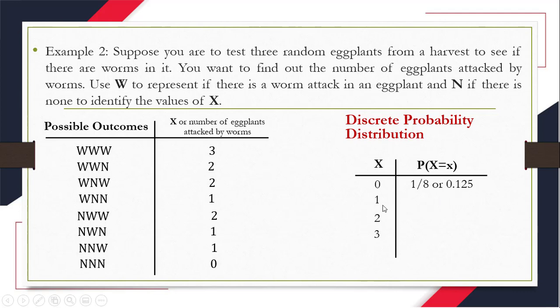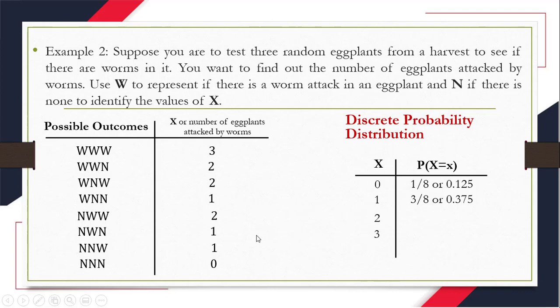Now, the next one. If X is equal to 1, what is its corresponding probability? We count: 1, 2, and 3. So we have 3 out of 8, which is 3 over 8, or 0.375.